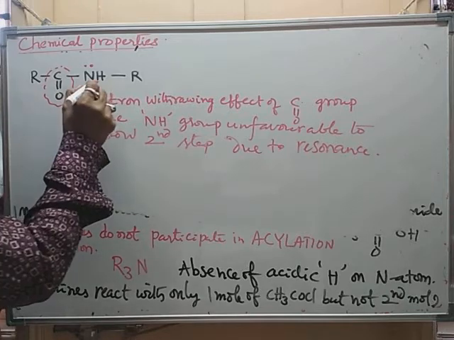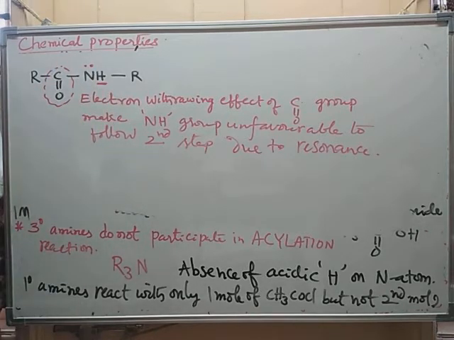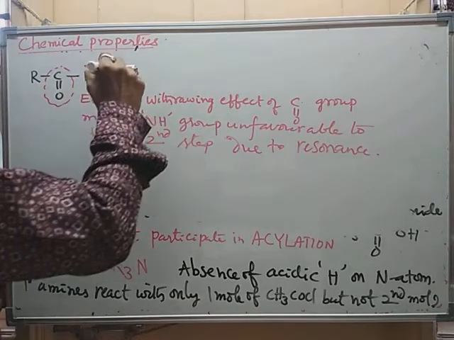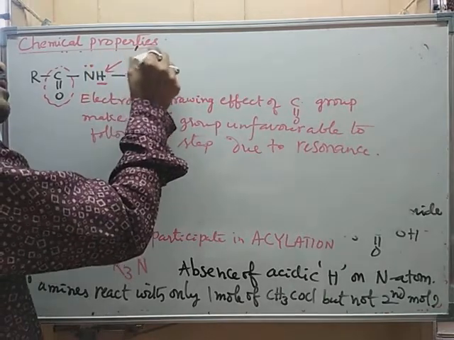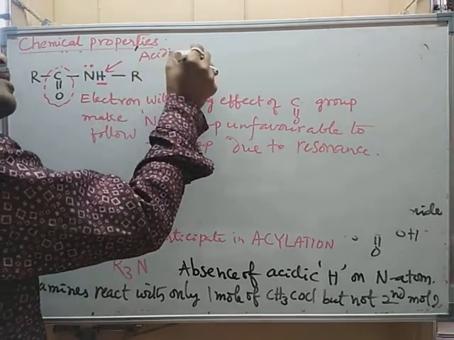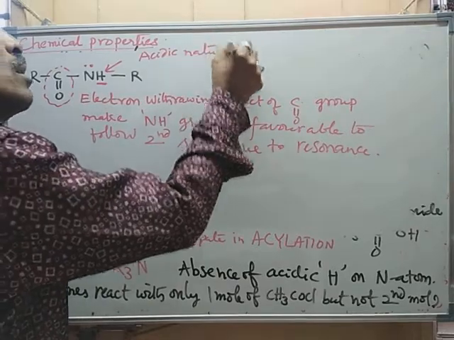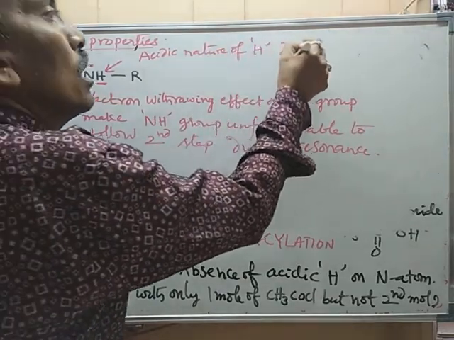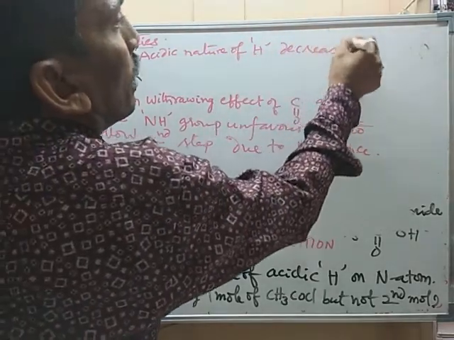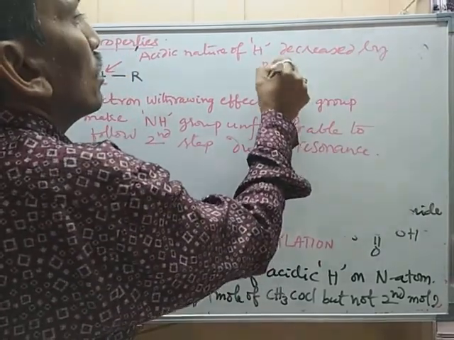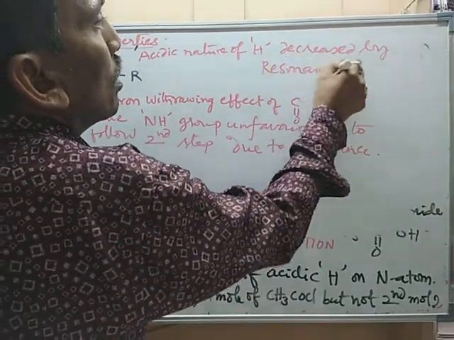Or, the acidic nature of hydrogen is decreased by resonance. Simple answer: acidic nature of hydrogen is decreased by resonance.